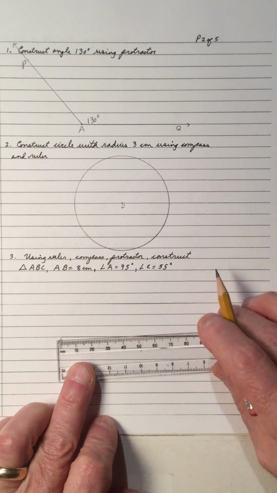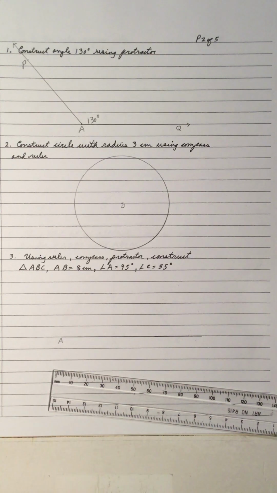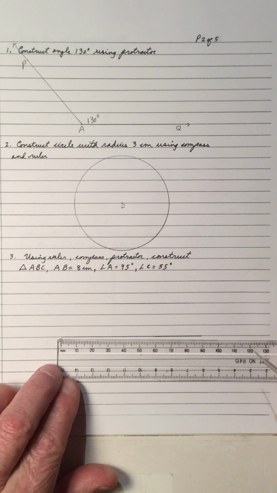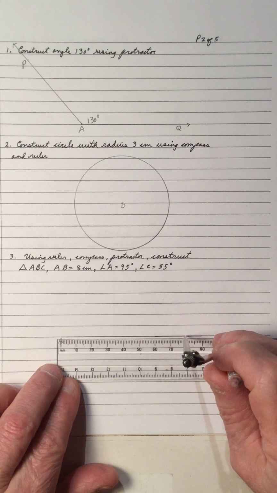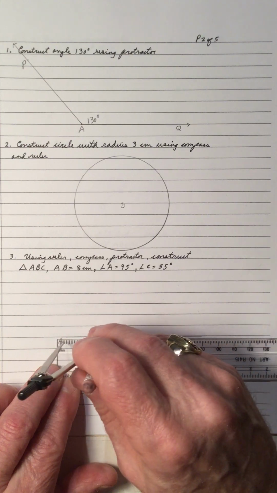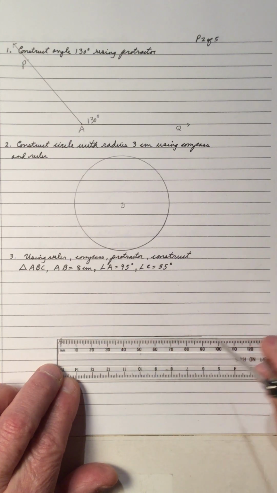I could have gone from here to 8 with my ruler, because this first line, part of the angle, can be done with a ruler.